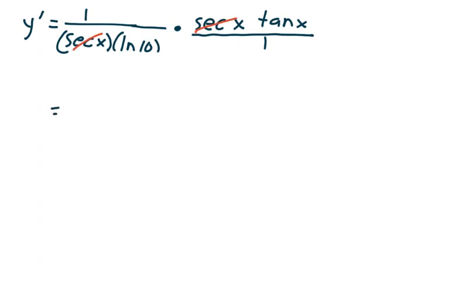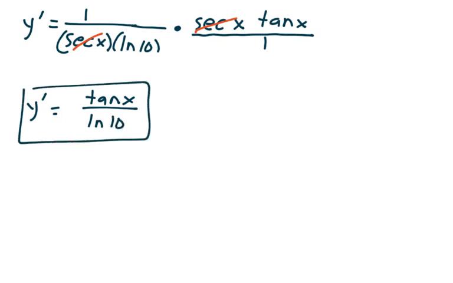And then what we're left with is y prime is tangent x over natural log of 10. And that's how we do number 10. And let's take a look at number 11. So we got 2 more.